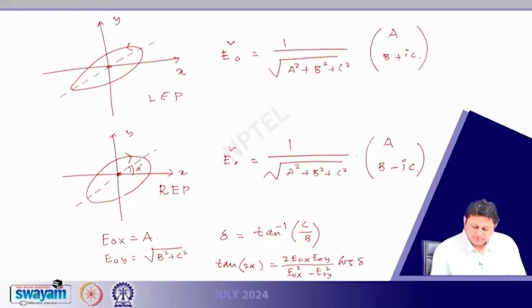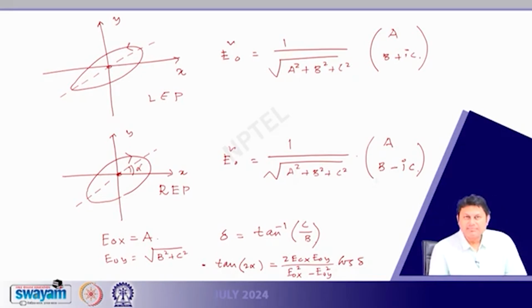So, cos of delta you can find out with C and B. E 0 x is A, E 0 y is root over of B square plus C square, and this is the quantity. So, using that one can find out what is the value of alpha, exploiting this expression which is written.